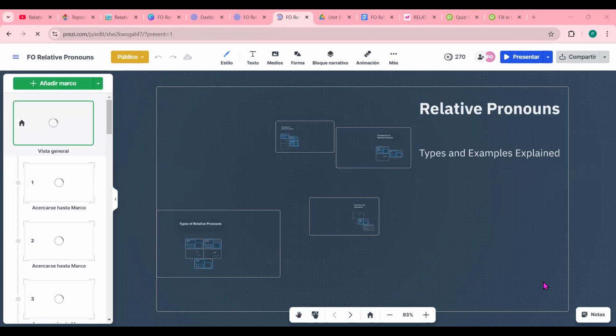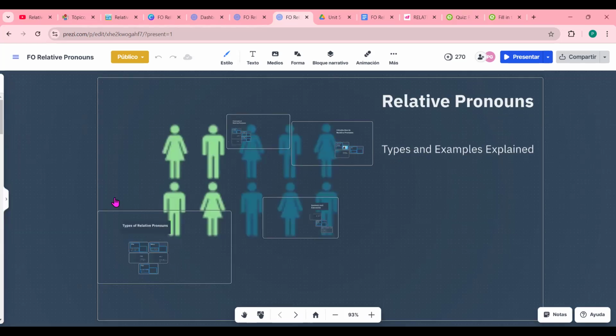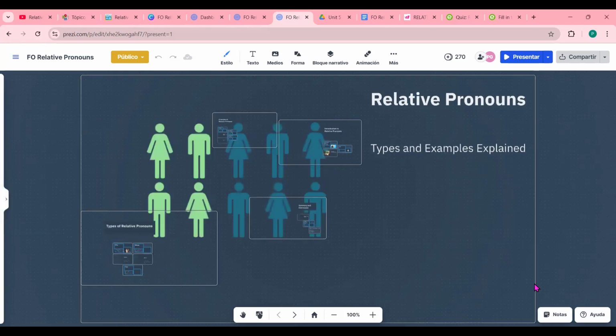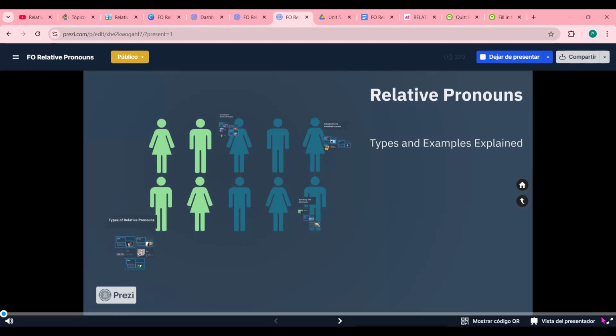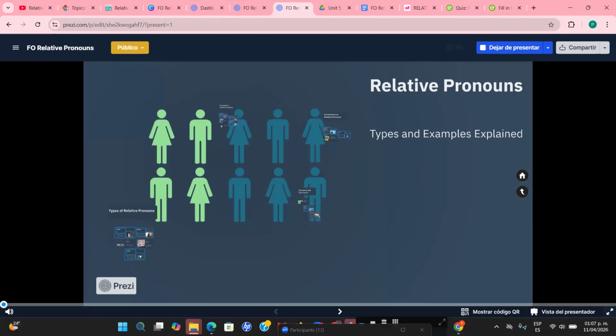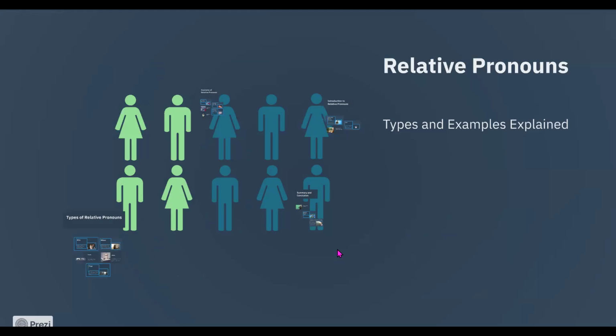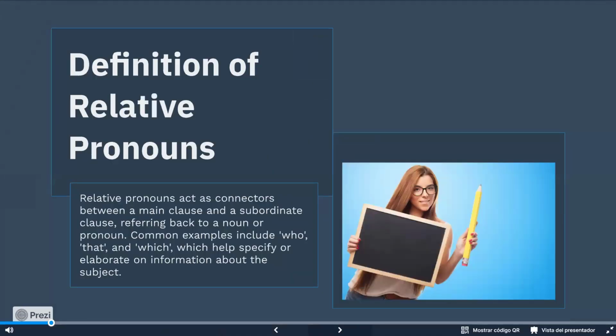Relative pronouns. Introduction. The definition.